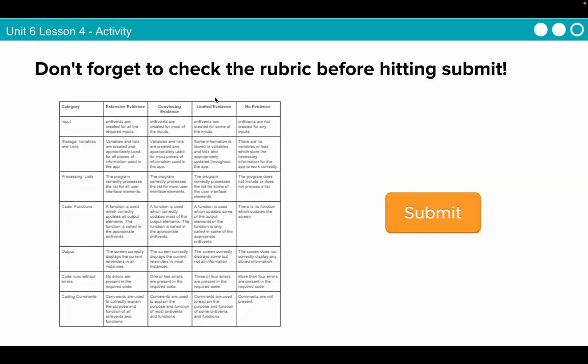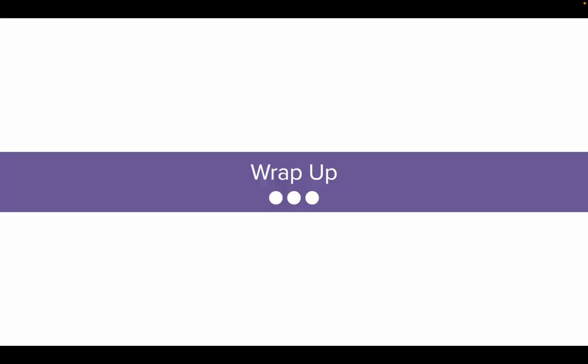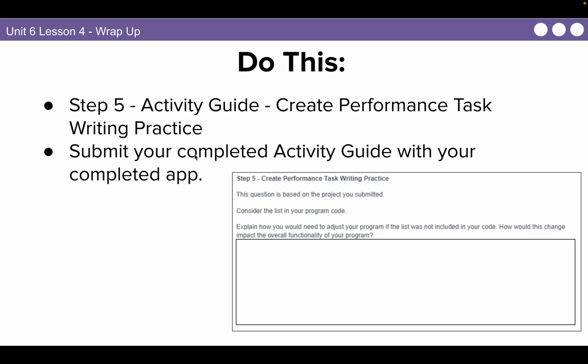Do not forget to check the rubric before you hit submit. The rubric will be included in your project guide, okay? Now, you can pause the video here and return whenever you finish. Or if you want to go ahead and do the wrap up, your activity guide has a Create performance task writing practice.